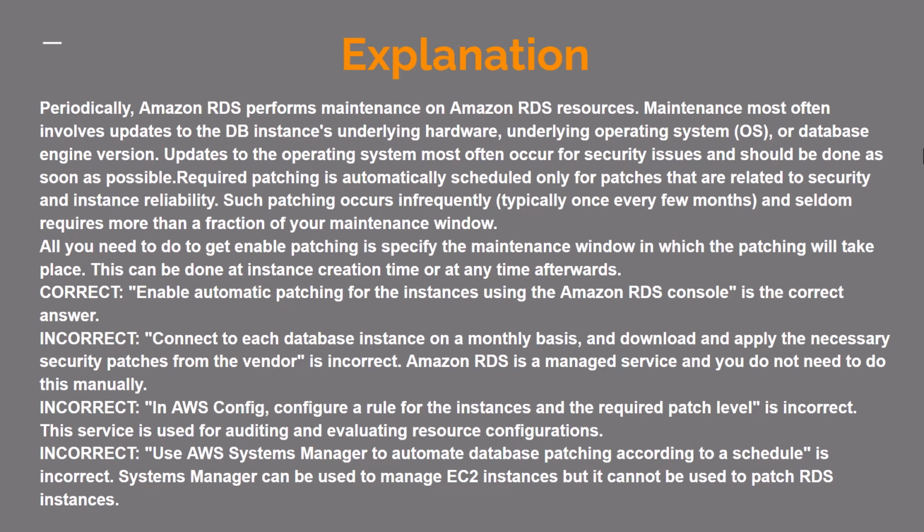In AWS Config, configure a rule for the instances and the required patch level is incorrect. This service is used for auditing and evaluating resource configurations. Incorrect. Use AWS Systems Manager to automate database patching according to a schedule is incorrect. Systems Manager can be used to manage EC2 instances, but it cannot be used to patch RDS instances.